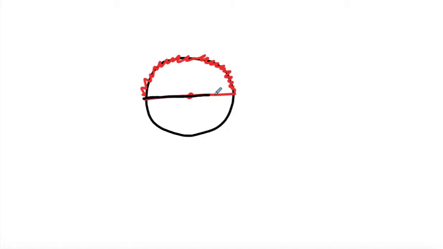So this is a diameter, which cuts a circle into two semicircles. For a semicircle, we would again think of it like a major arc. So if I said ABC, we would say arc ABC. So we would use three letters.